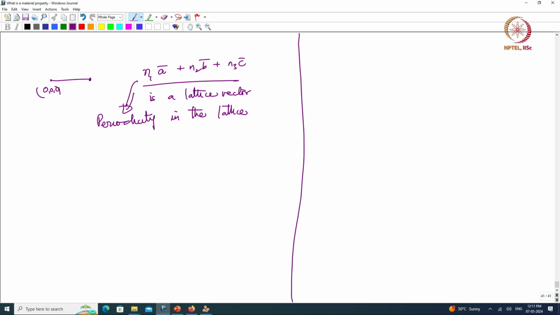But the lattice by itself is just a periodic template. Okay. So, that is a lattice, and I will stop here in this class by defining what a lattice is.